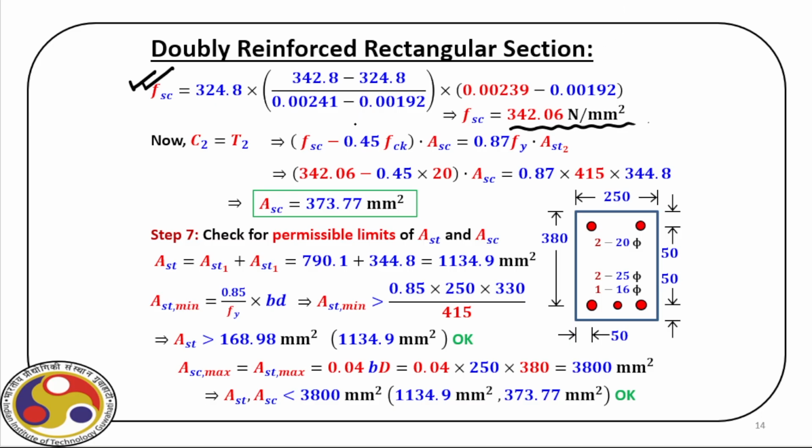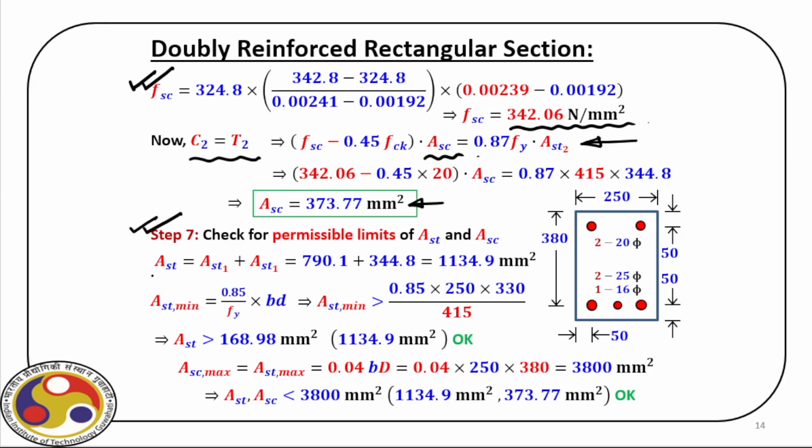Now we equate C2 with T2 to find out ASC, because that is the only unknown we have in this equation. We already know AST2, so from that information we can find out ASC. And the ASC is 373.77 millimeter square. Once we find out the steel in the compression and tension zones, then we need to check the minimum and maximum requirements.